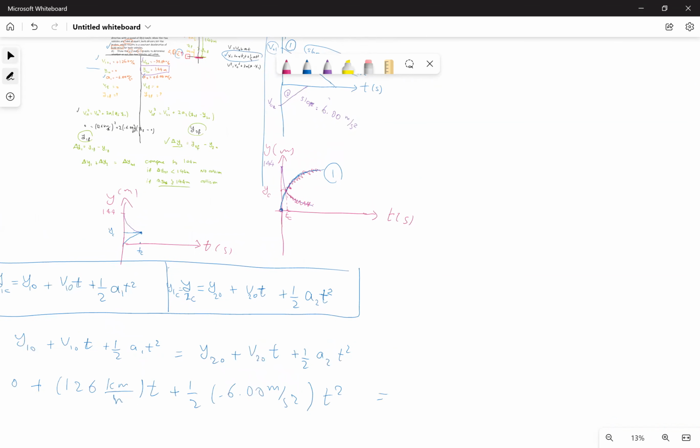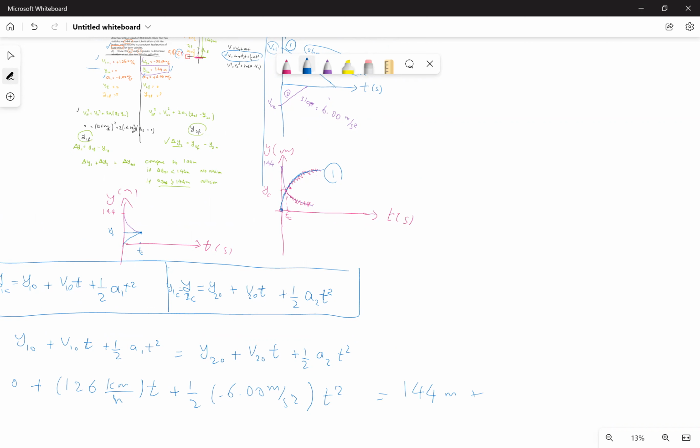y20. I'm going to take a look. y20 was 144 meters. Remember, I'm writing down the units because I didn't convert the 126 kilometers per hour to meters per second.